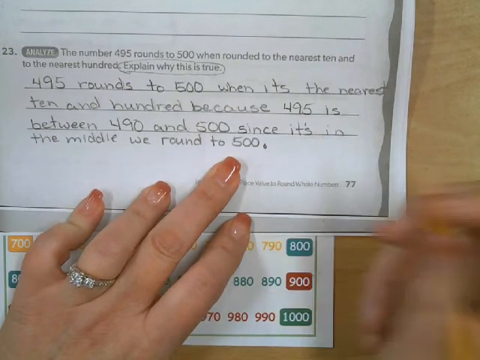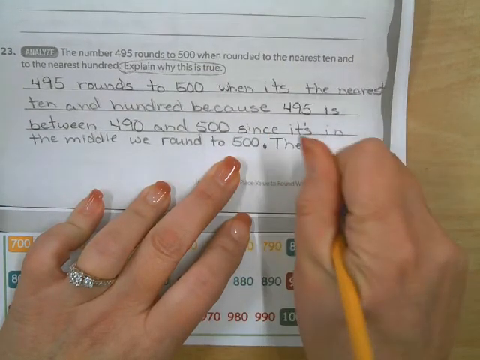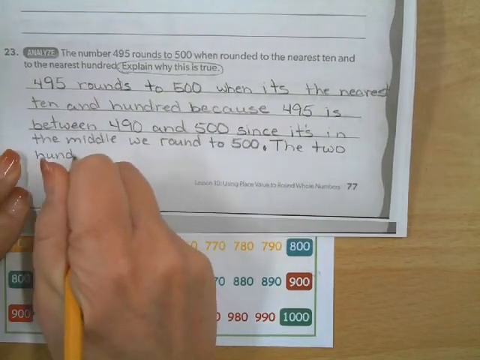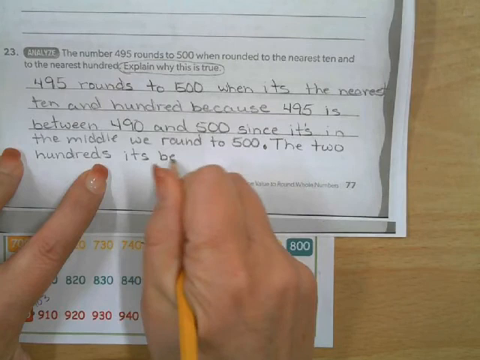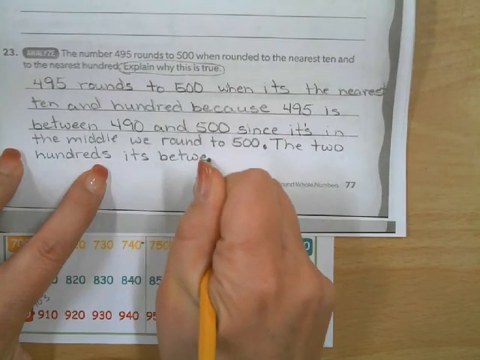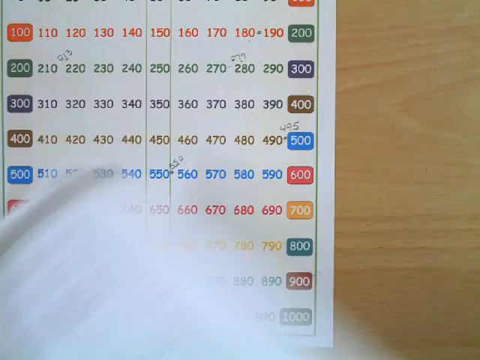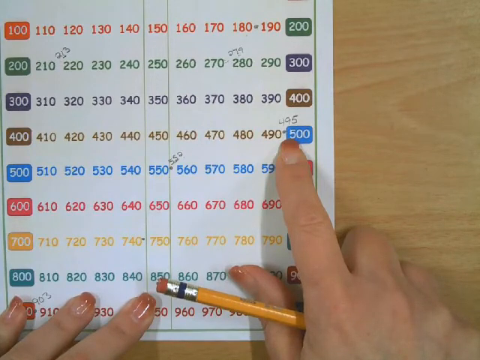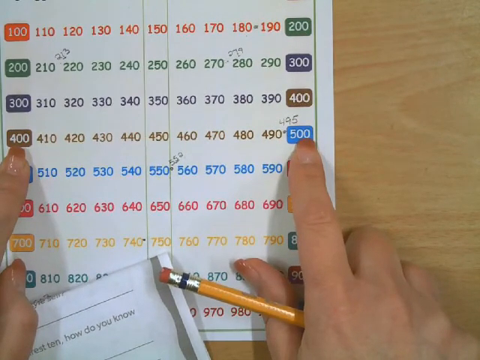Now, for the hundreds, for the 200s, what's it between? 495, what 200s is it between? The even hundreds. What hundreds is that number between?